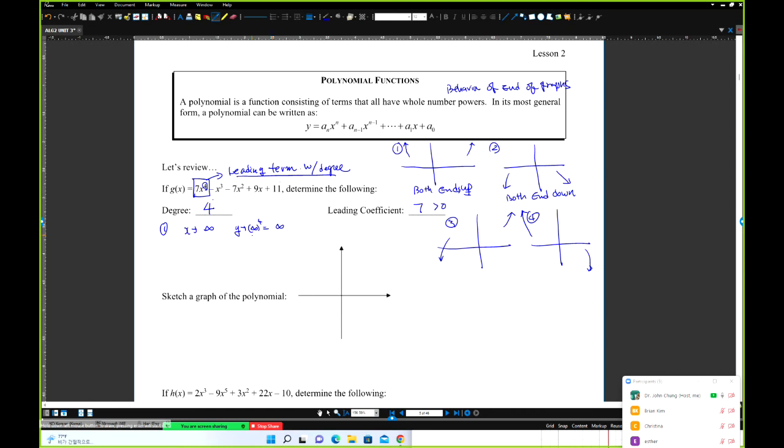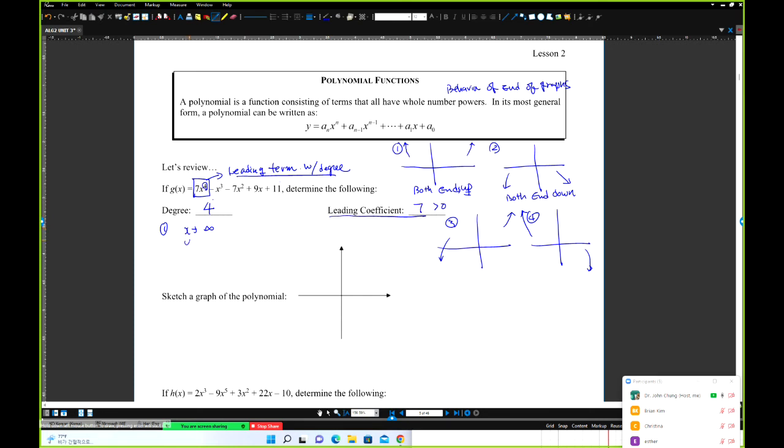So the leading coefficient is positive. So you can say over here, 7 times infinity to the fourth power is still 7 times infinity, which is infinity. If this is negative, that is negative infinity. That's the difference. So the leading coefficient is positive.